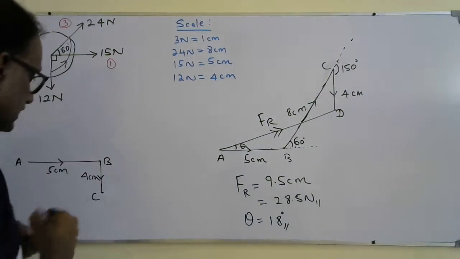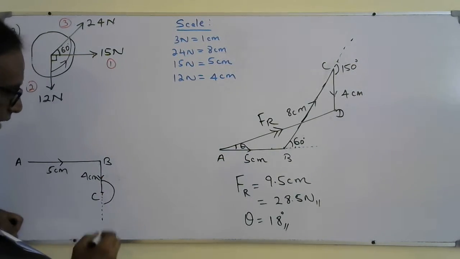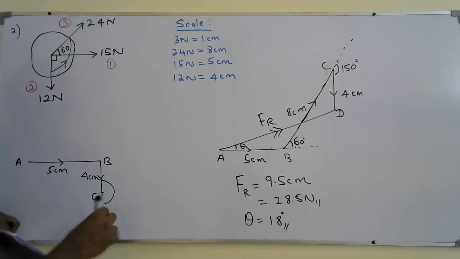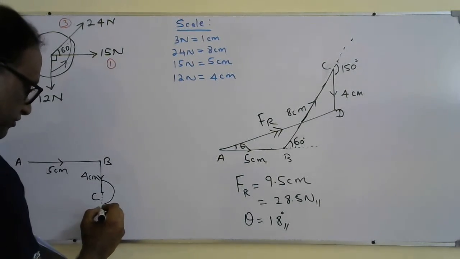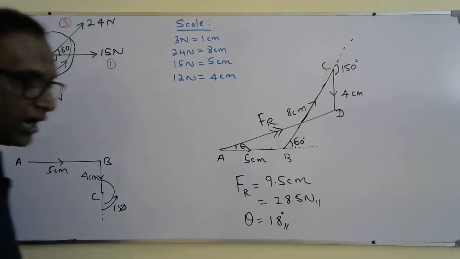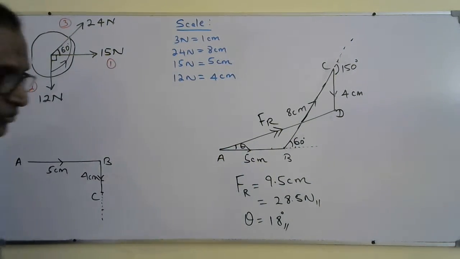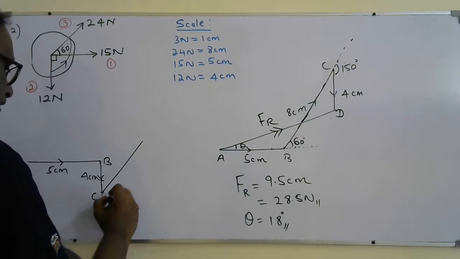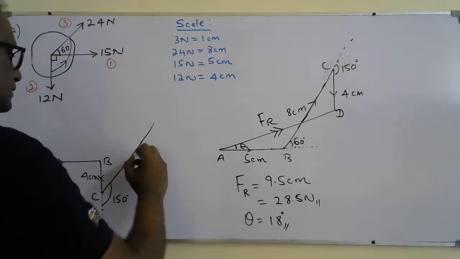So extend this line, keep your protractor here and measure 150 degree in this anti-clockwise direction, and draw a line of length 8 centimeter. That will represent the force 24 Newton. This angle is 150 degree.